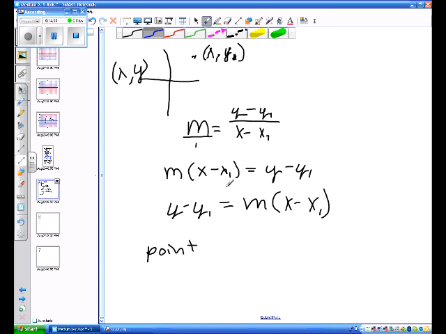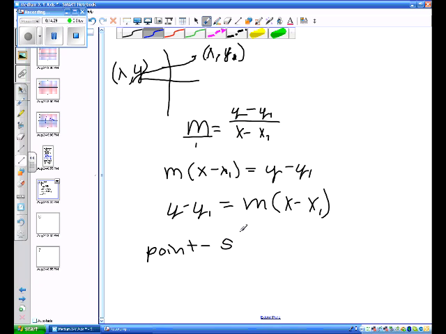Now, what we're given here, and that's why I went back and changed that, is I did not know this x and y. I didn't know the x and y here, but I knew the slope between those 2 points. So I knew my slope, I knew one of my points, and now I'm going to try to find my other point, the point that would give you that particular slope.